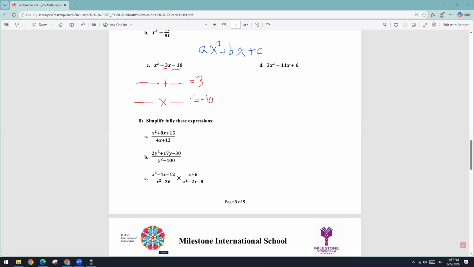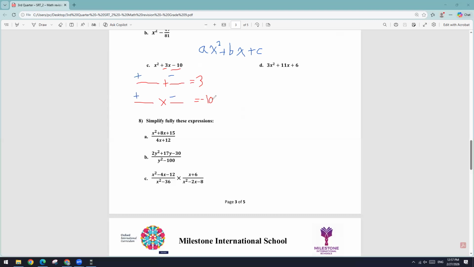Since the multiplication is negative, I will have a positive and a negative value. Since the addition is positive, like plus 3, the positive value is larger than the negative one.